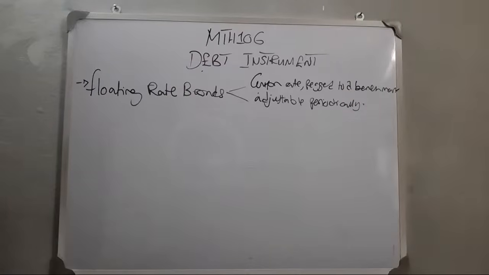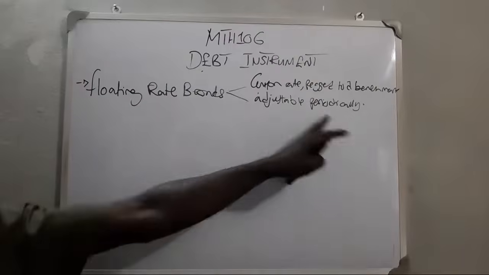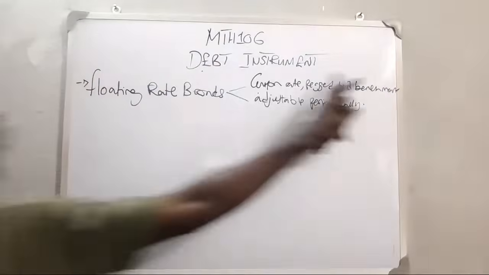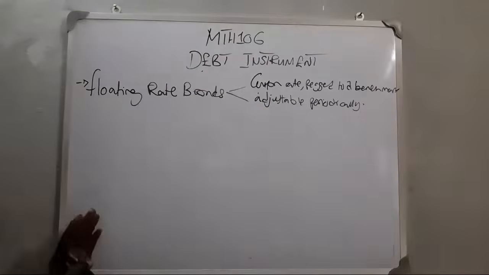Now, a bond whose interest rate is adjusted periodically according to what? A predetermined formula. Basically, you can adjust the coupon rate periodically based on a certain formula.